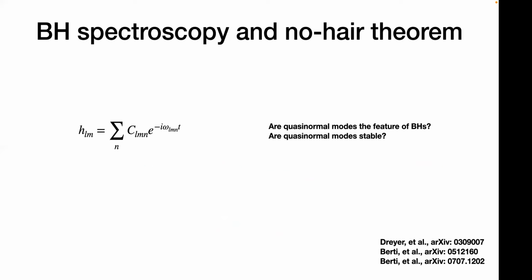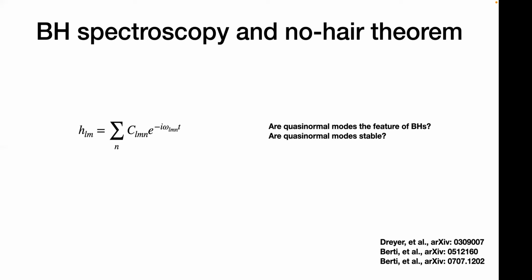The idea of black hole spectroscopy is pretty straightforward. If people can detect one quasi-normal mode from a ringdown signal, then we can infer the properties of the remnant black hole, including its mass and spin. If multiple modes are detected, people can use them to test the no-hair theorem.